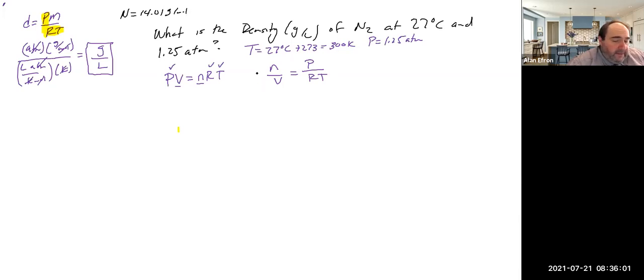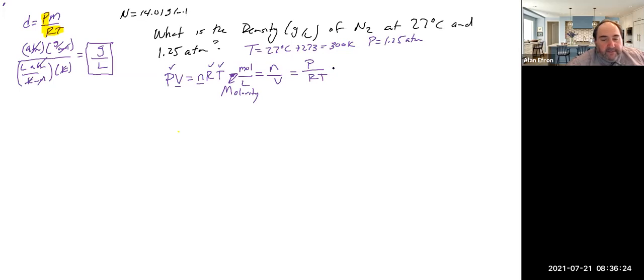When we do this, we know that N is moles and V is liters, so that is moles per liter. That's the molarity, right? So you actually can solve for the molarity of a gas by taking N over V and solving it this way. We could do that because we do have that information.